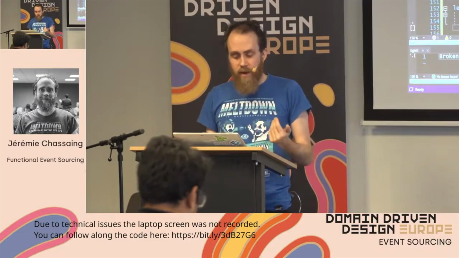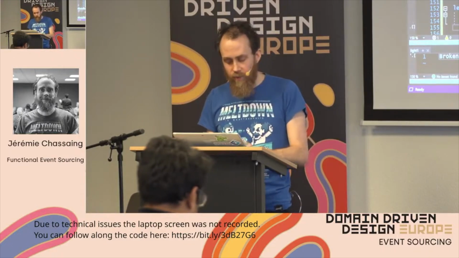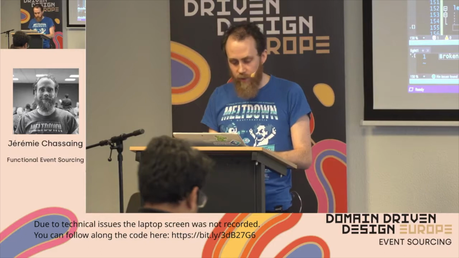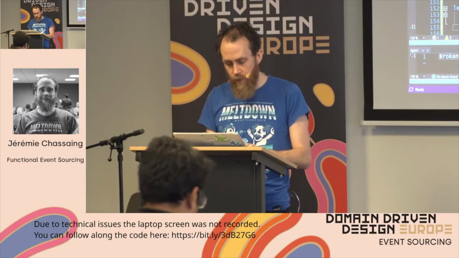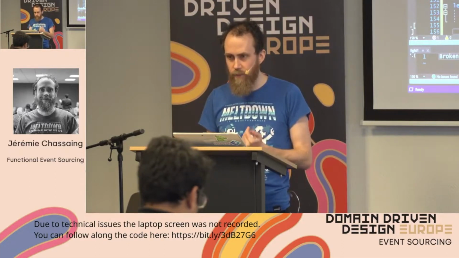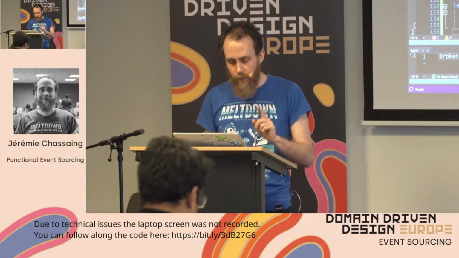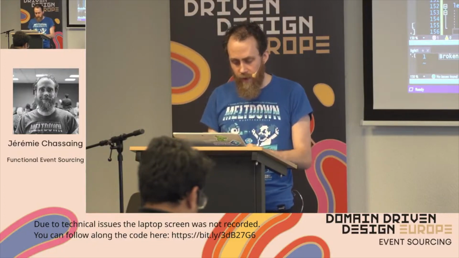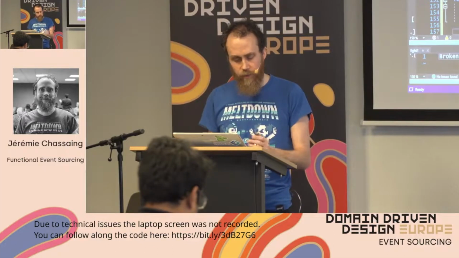When I have a list of events, I can build a state by doing always the same trick: List.fold with my evolve function and my initial state, and I get my current state. Cool. Then I say give me a command and I will do the thing.